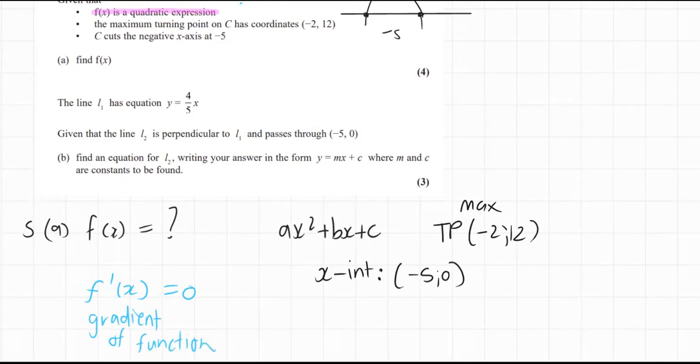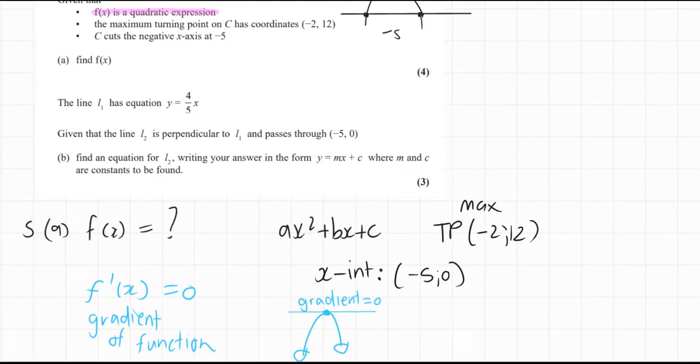So why is it 0? Because the gradient of the tangent at this point is 0. So that's the reason that f dash of x equals 0.